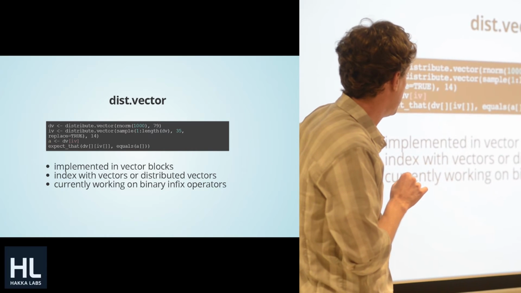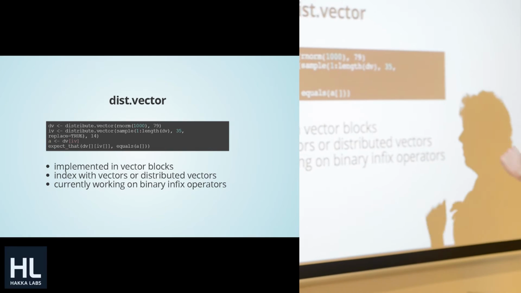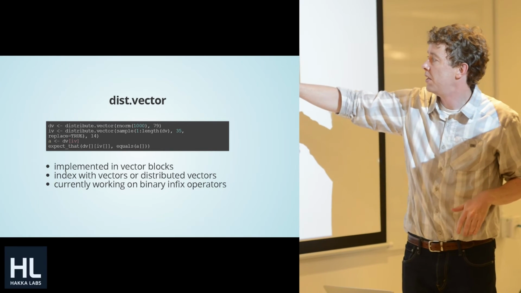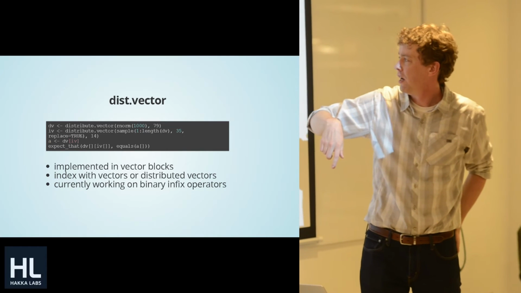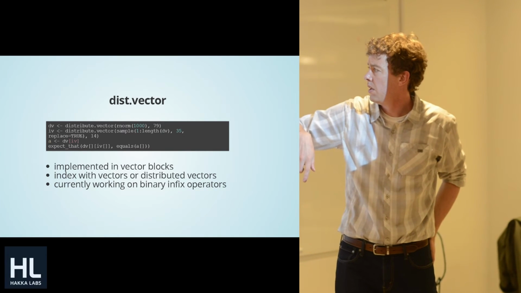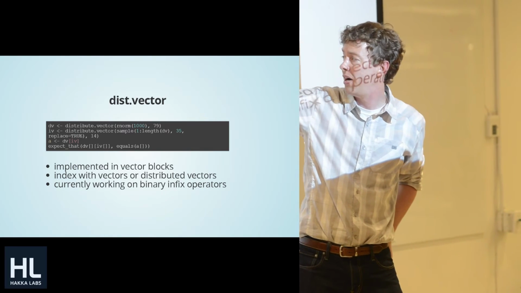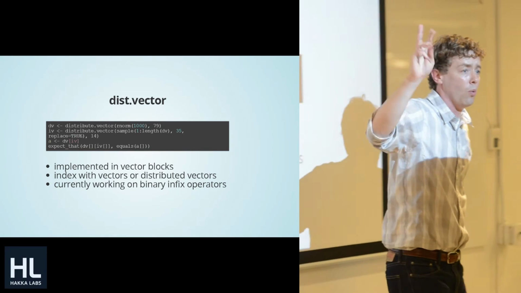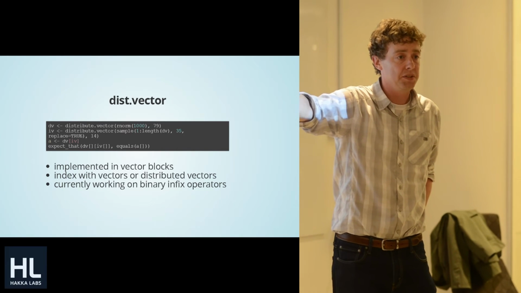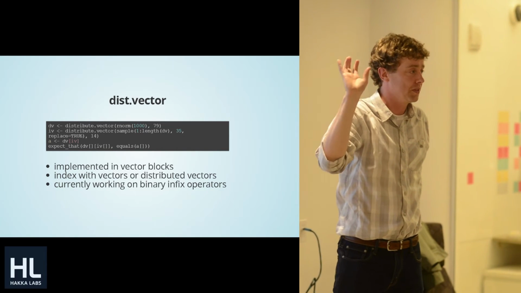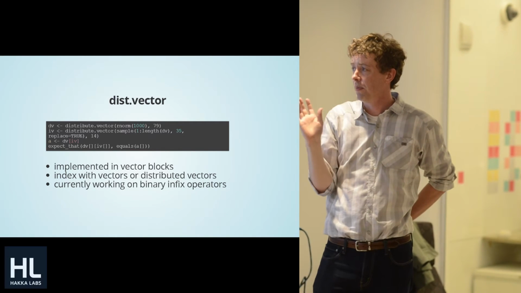Then I'm sampling from 1 to the length of the distributed vector, so that's sampling from 1 to 1,000. I'm sampling 35 values, and I'm creating block sizes, the block size is 14. One of the really nice things about this is you can start mixing and matching block sizes. If you've done things with ScaLAPACK, you know that's not always that easy.